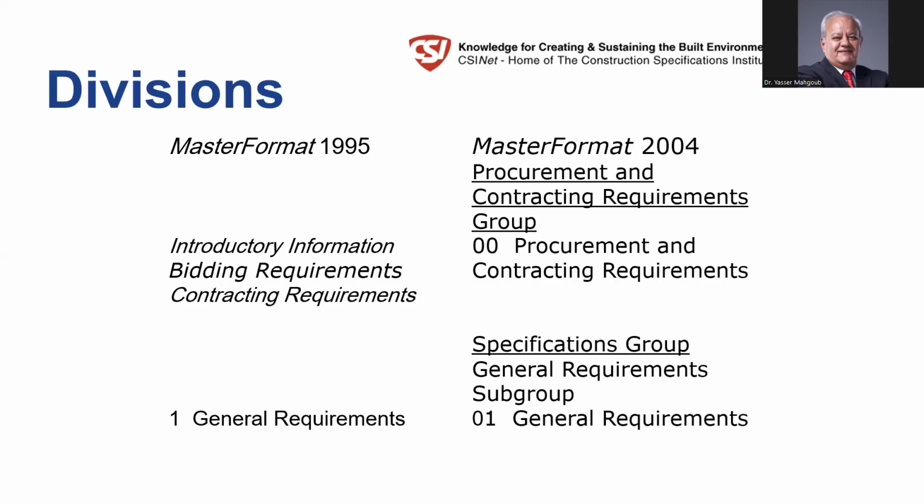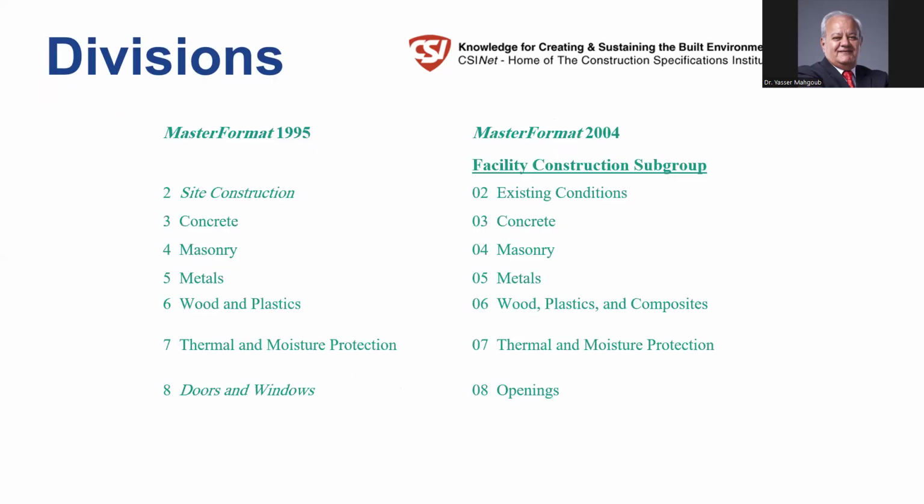So the MasterFormat is becoming more detailed and gives more specifications. This is the introductory information, division 1 general requirements, and then this is a comparison between what was there before and what is new in the MasterFormat. Some added, some changed. So instead of writing doors and windows, now we have openings.